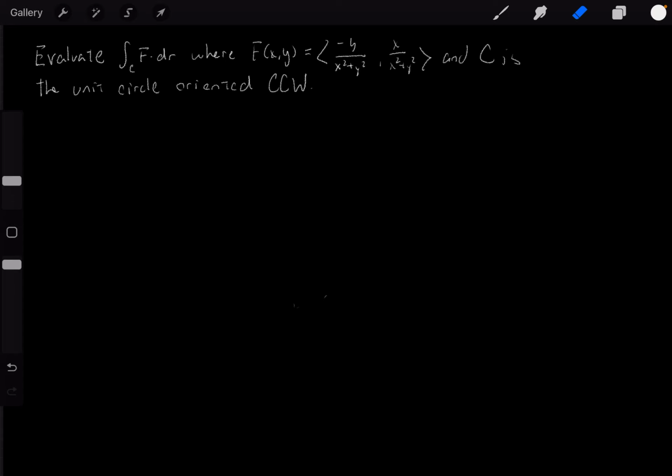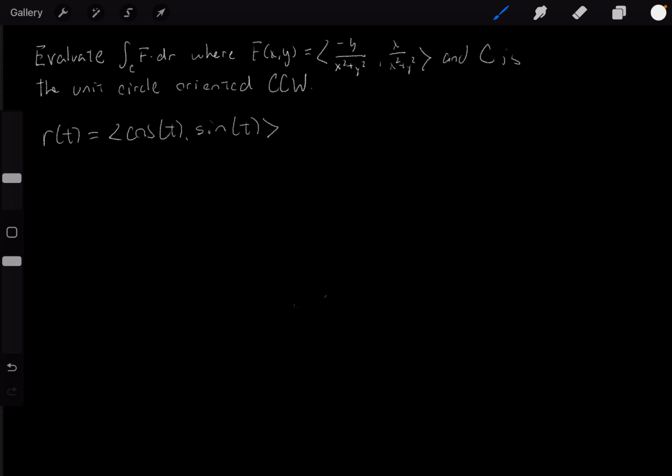Well, the first thing we can recognize is that you can parameterize it. So that could be r of t equals cosine of t, sine of t.